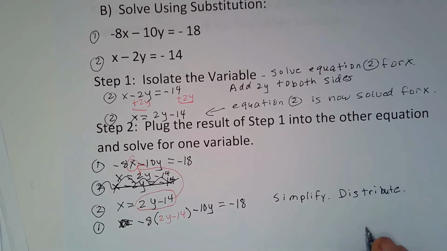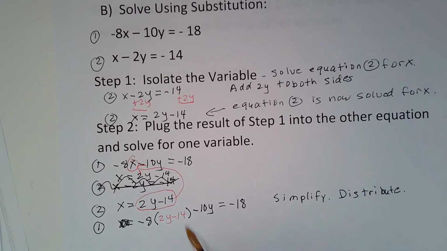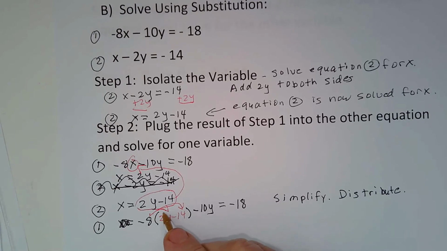Okay? So we're going to distribute the negative 8 to the 2y, and we're going to distribute it to the negative 14. So our equation 1 becomes 2 times negative 8, which is negative 16y, plus negative 8 times negative 14.